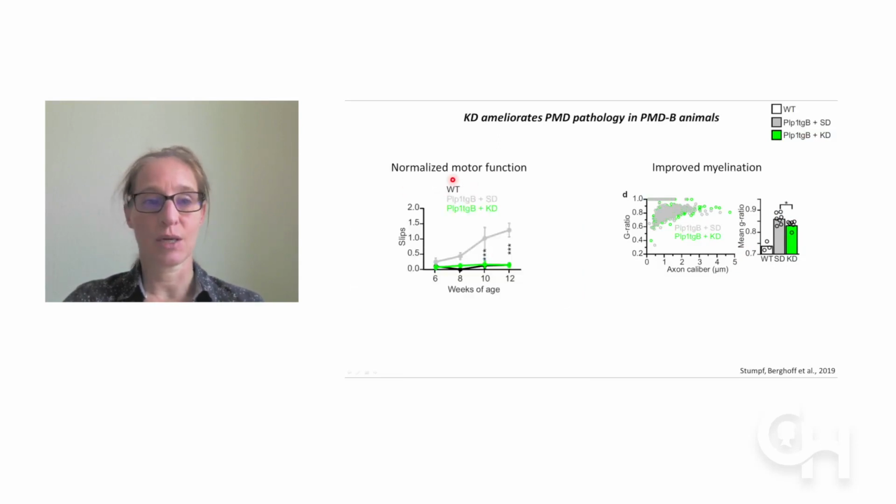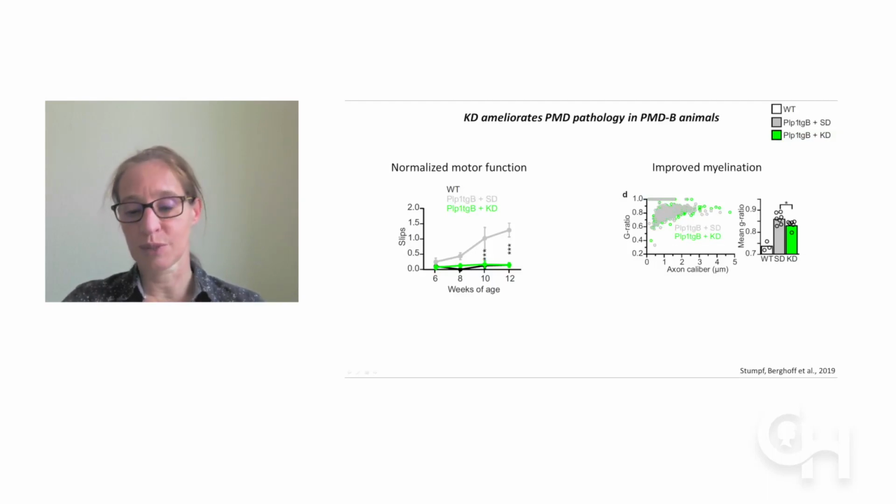When we tested motor function with an elevated beam test, we found that here in green, the mice on ketogenic diet were behaving like wild types. The somewhat smaller benefit on myelination could not explain this better performance in the motor test.